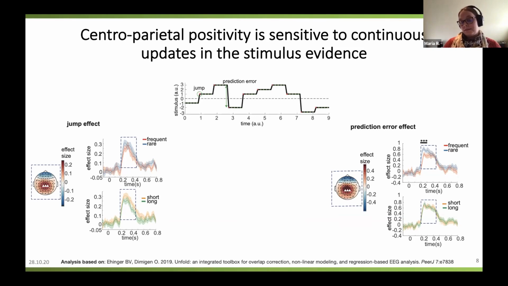But this is significant and indicates that if participants are in rare trial conditions, the brain updates the information differently than if you are in a frequent trial condition.